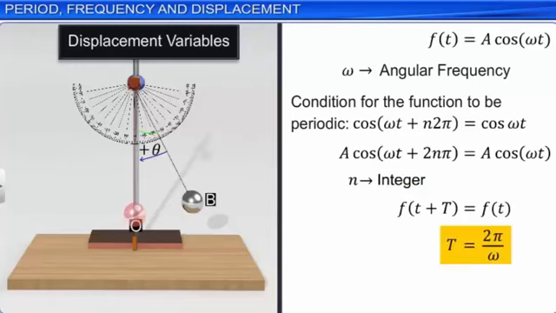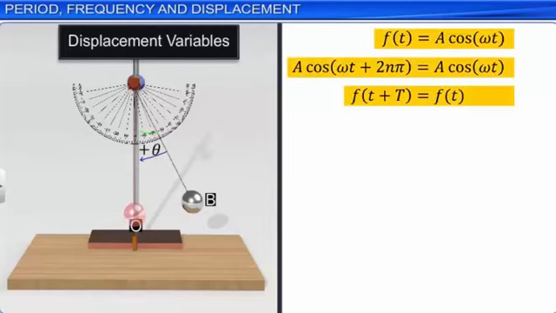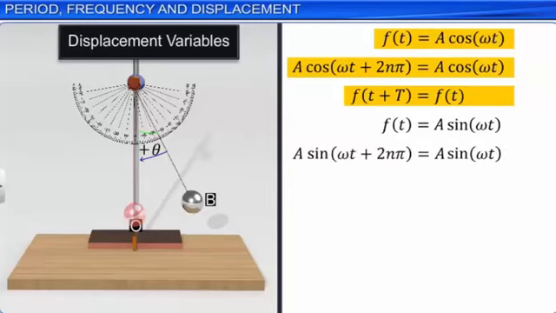The function f(t) = a sin ωt is also a periodic function, which implies that a sin(ωt + 2nπ) is equal to a sin ωt. A linear combination of two periodic functions is also periodic. For example, a periodic function can also be of the form f(t) = a sin ωt + b cos ωt, where a and b are constants.